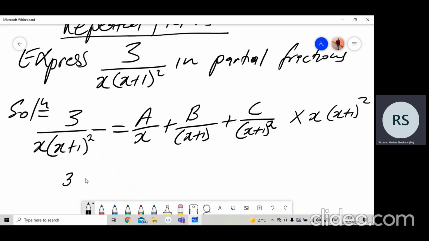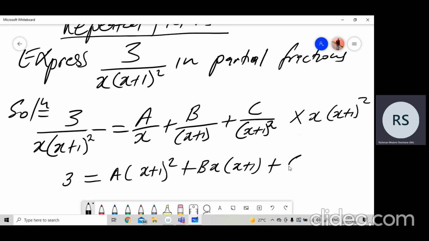We're going to have 3 equal to, in the first term on the right-hand side, x and x cancel, so it would be a times x plus 1 squared. In the second term, x plus 1 cancels with one x plus 1, so it would be b times x plus 1. And in the last term, x plus 1 squared cancels with x plus 1 squared, so it would be cx.